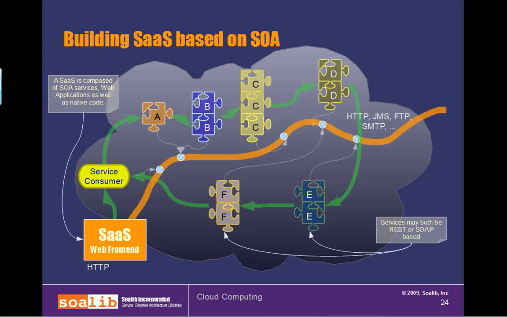Software as a Service is a model which exposes the software over the web using HTTP primarily. On the other hand, SOA is the architecture on which SaaS applications are built.